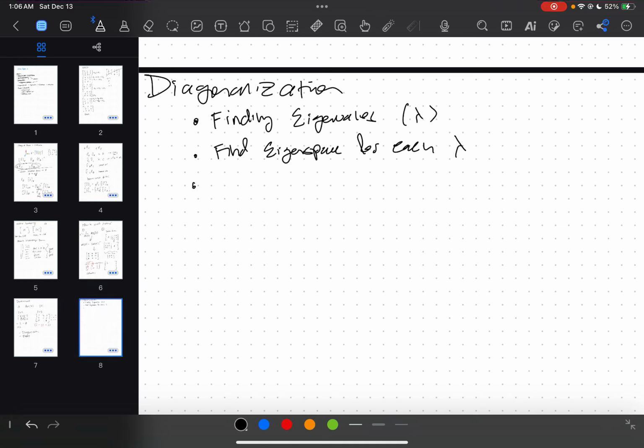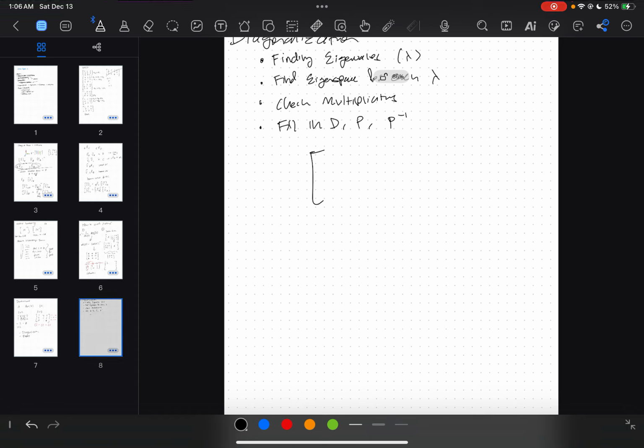And then check multiplicities and fill in D, P, and P inverse. So let's say we have a matrix -1, -2, 2, 4, 3, -4, 0, -2, 1.